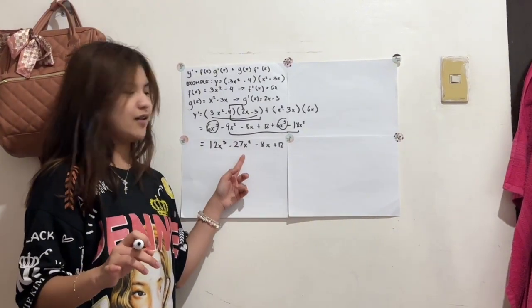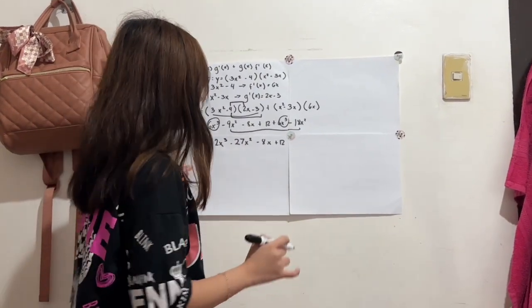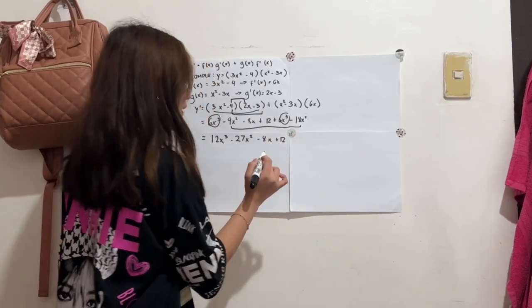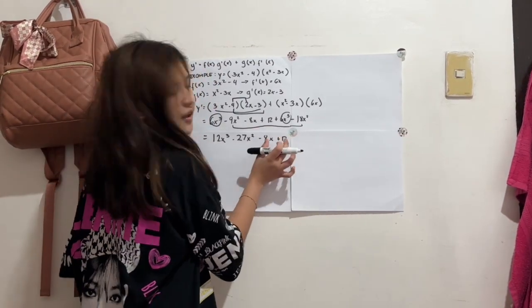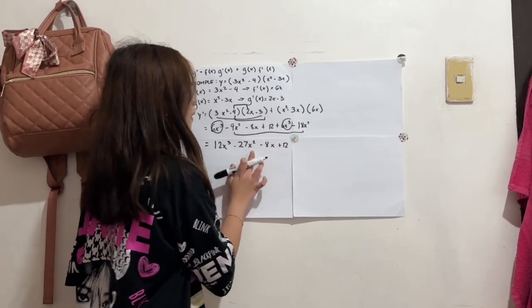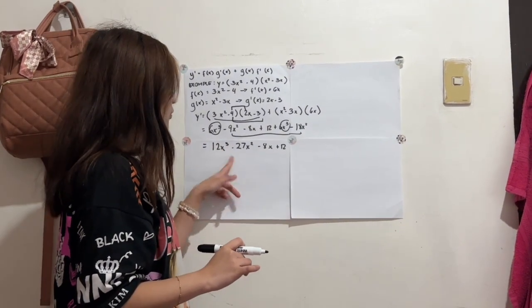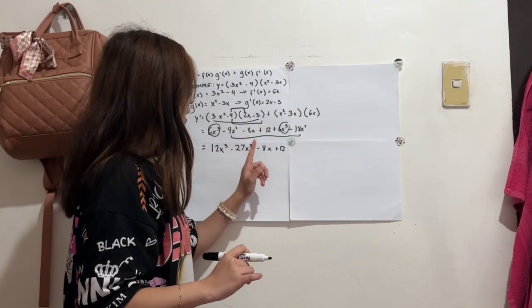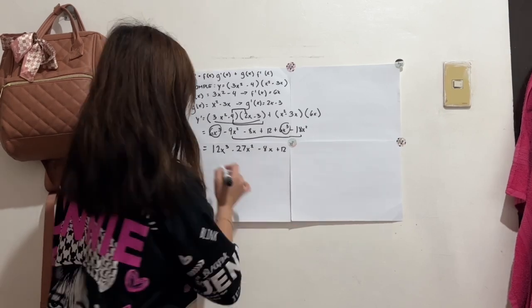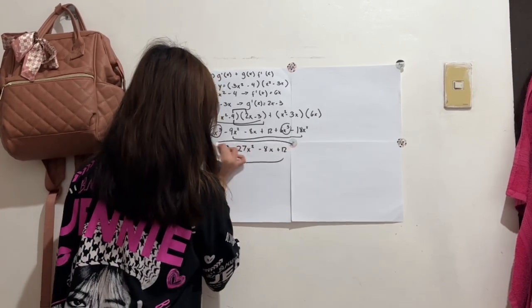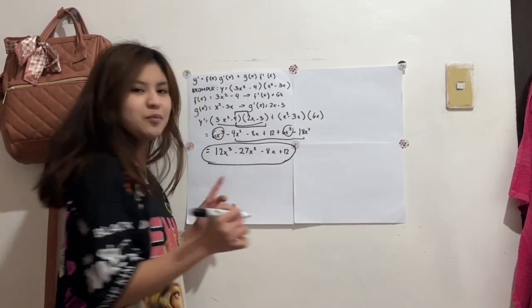And then, lastly, dahil wala naman silang kaparehas, so we're just going to put it here na lang, beside this po. So, ang final answer po natin is 12x cubed minus 27x squared minus 8x plus 12. And this is the final answer po.